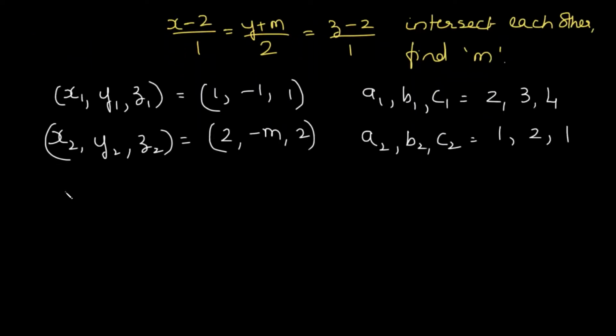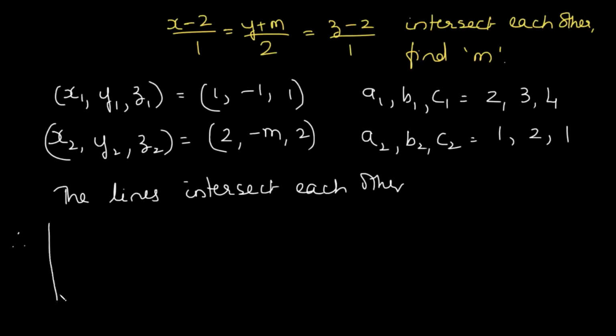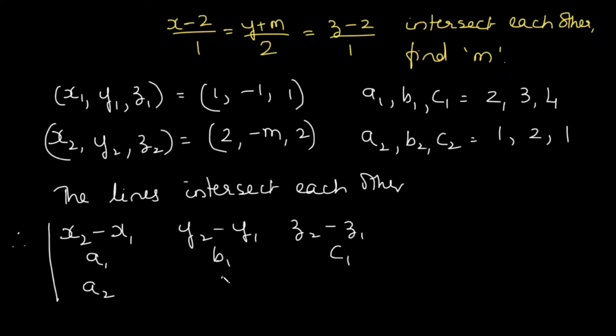Now the lines intersect. This is also given to us. So since they intersect each other, we can write that the mod of the determinant with rows x2 minus x1, y2 minus y1, z2 minus z1; a1, b1, c1; a2, b2, c2 is equal to 0.